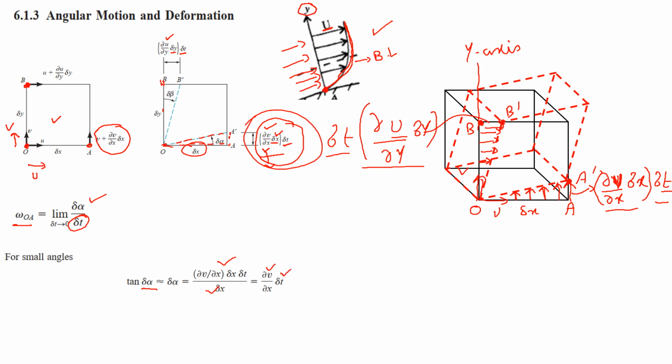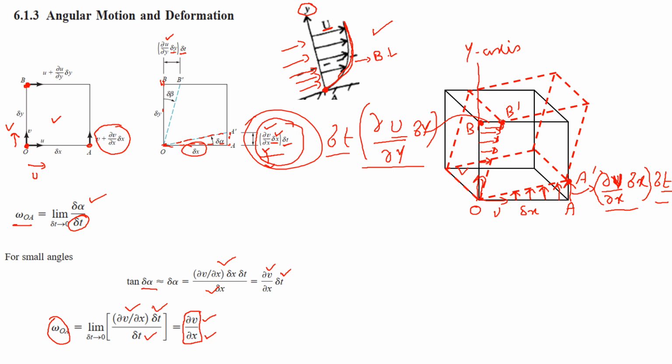So now we can write our rotation for edge OA in terms of our velocity gradient and time, and these terms will cancel out, and this will come out to be a velocity gradient, because as we mentioned, this change in velocity is not along its axis but along the axis that is at 90 degrees to this velocity vector, that is the x-axis.